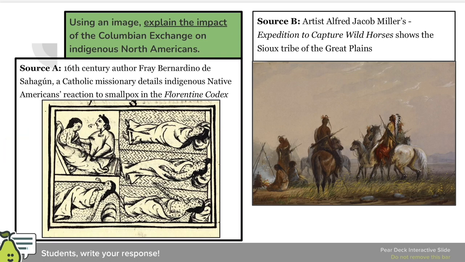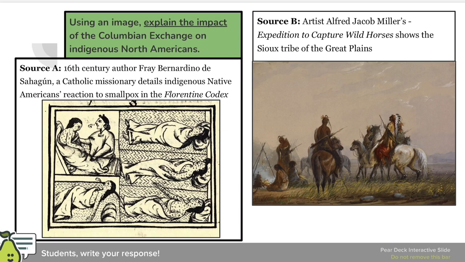Negative. Yeah, that's a pretty easy negative to evaluate, right? Because you already know that smallpox killed off huge percentages of the Native American population. And even just looking at this image, do these people look like they're having a fun time? No, they're on their sick beds, right? This does not look good. So we know that this would be a negative effect of the Columbian Exchange on the Native Americans.